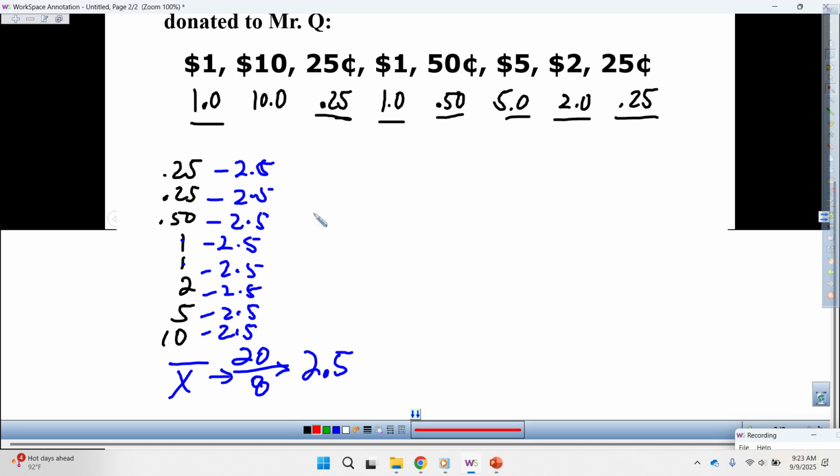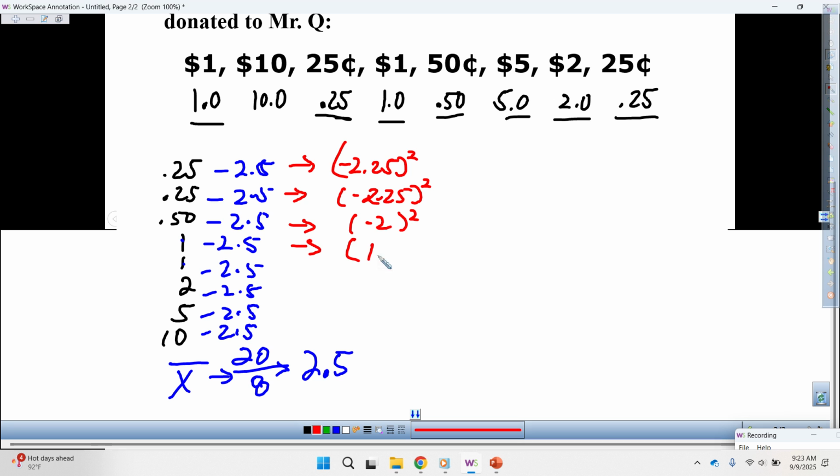So, you should have gotten negative 2.25. We're going to square that. Negative 2.25 again. Square that. Negative 2. Square that. Negative 1.5, square that, and again 1.5.